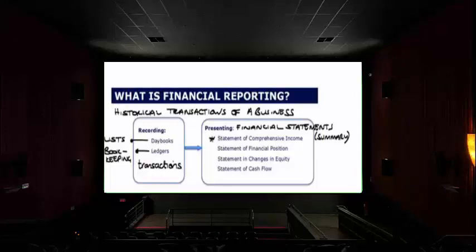The statement of comprehensive income. You might know this as the profit or loss account. Okay? Well, we're doing F3 and we use international accounting standards, and the internationally recognized term for a profit and loss account is a statement of comprehensive income.